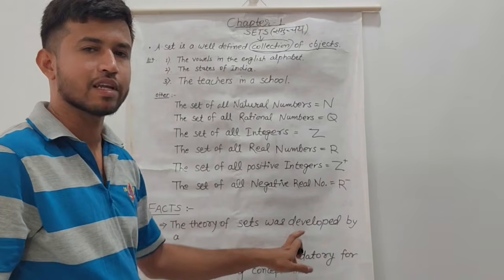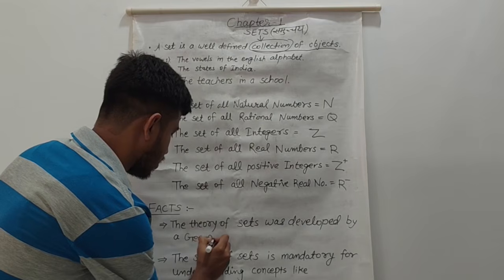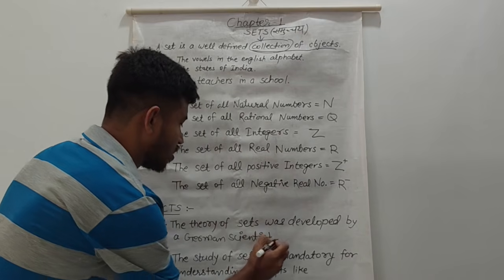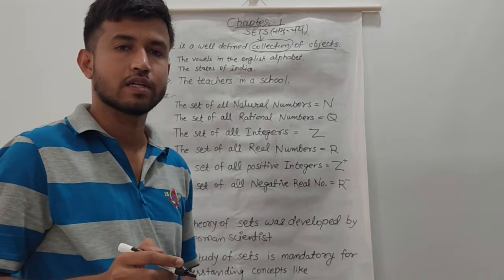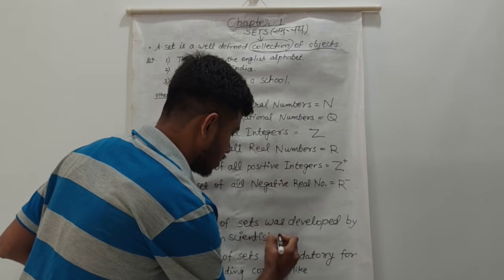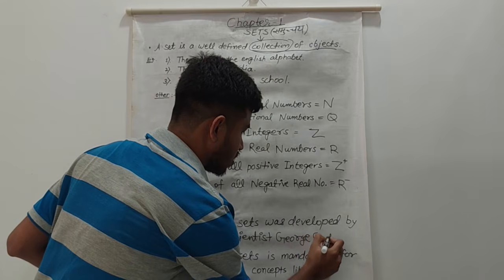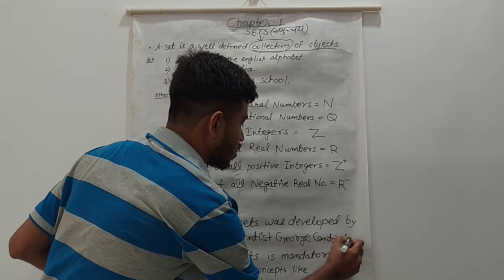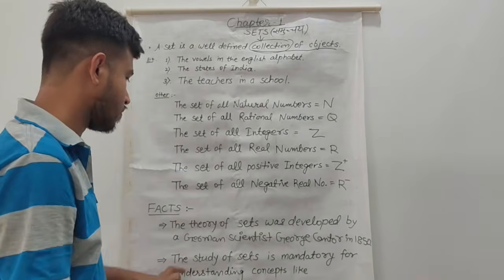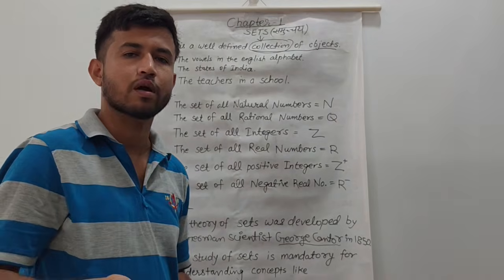The theory of sets was developed by the German scientist George Cantor in 1850. This is the first fact about sets.